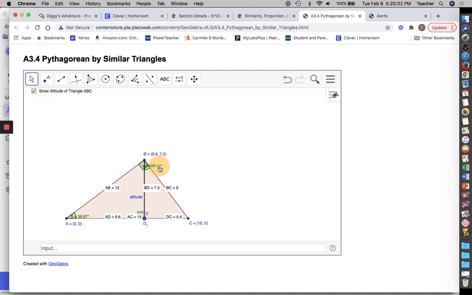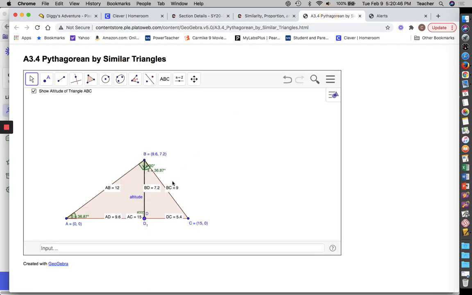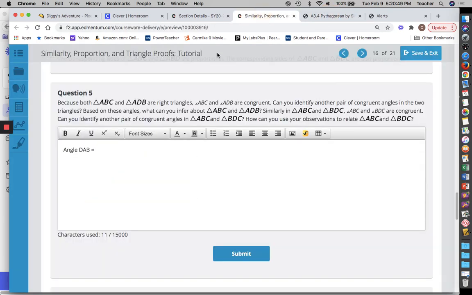Let me move that so you guys can see. Look at that, 36.87. So I said angle DAB is equal to DBC.